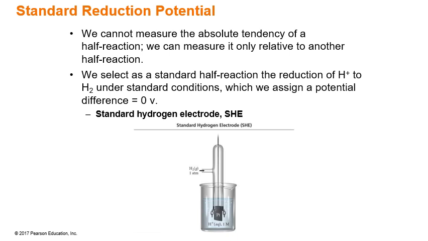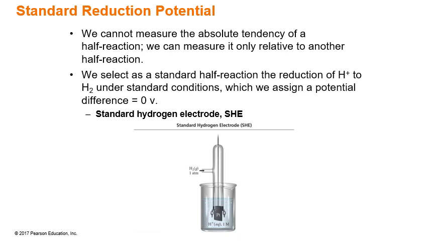Now, if we want to actually measure voltages, we have to have a 0 point to measure against, because everything is relative, because we're measuring the transfer of electrons. And so chemists have decided that as a standard half reaction, they're going to use the reduction of H+ to hydrogen under standard conditions to be our 0 point to measure everything else against.